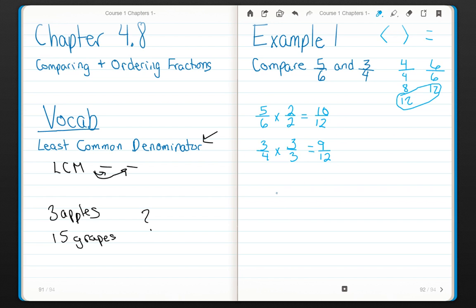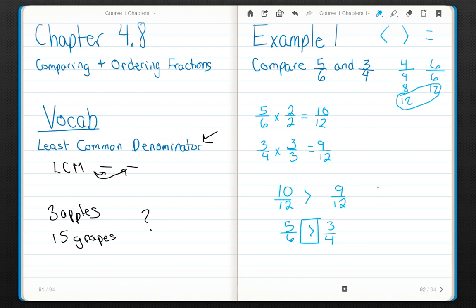So now that I've converted, I'm going to come down here again. 10/12 and 9/12. Notice I leave space for my symbol. Well, 10/12 is greater than 9/12, so therefore 5/6 is greater than 3/4.